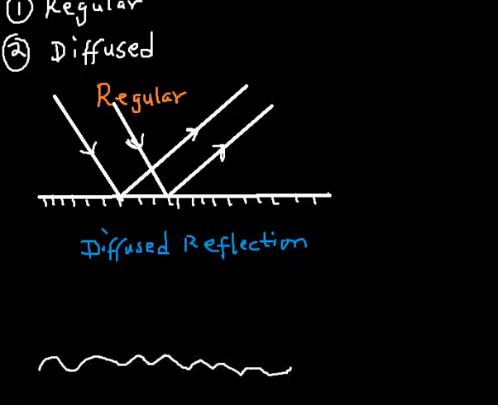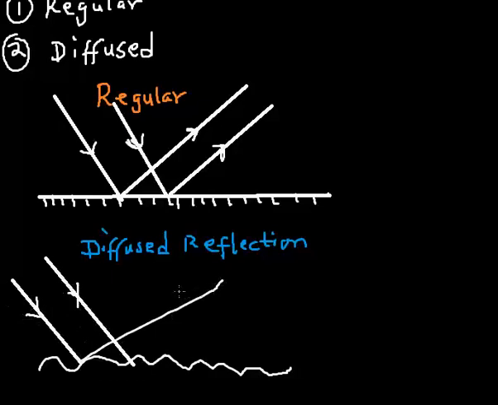In a case like that, the parallel beam of light that hits the surface, after it reflects, because the surface is rough, the reflected rays will cross each other. The reflected rays will definitely cross each other. Why? Because the surface is rough.